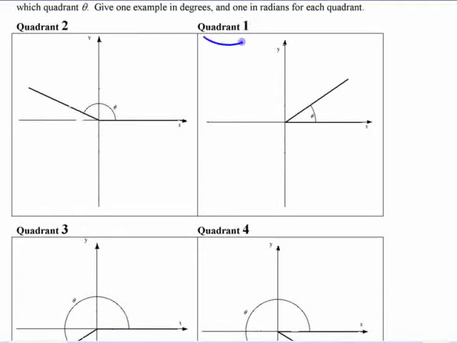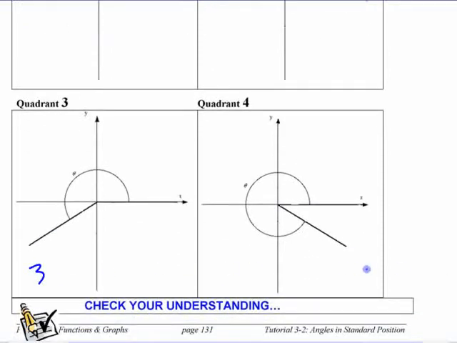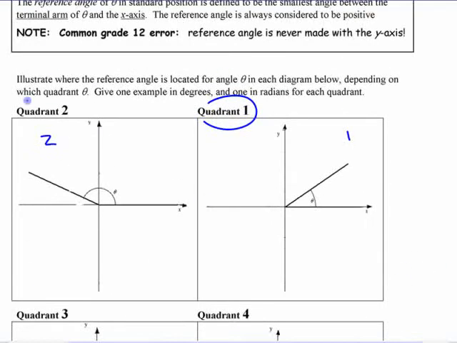The quadrant numbering: quadrant 1 is this positive one up here, right? This is 2, and 3 is down there, and 4 is over there. But the reference angle in quadrant 1 is the angle itself. I'm going to use theta r, which means theta reference.